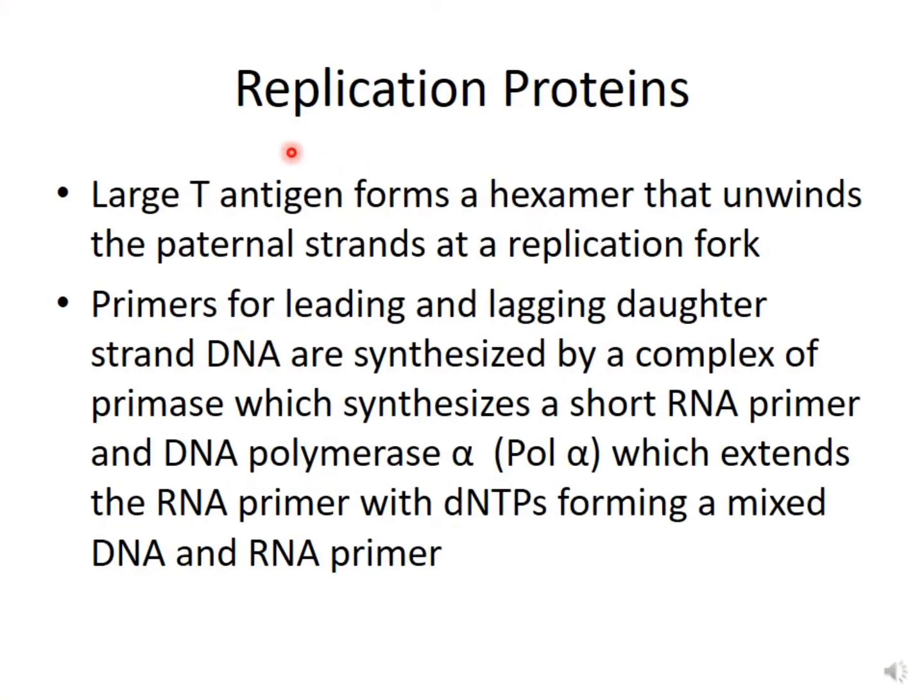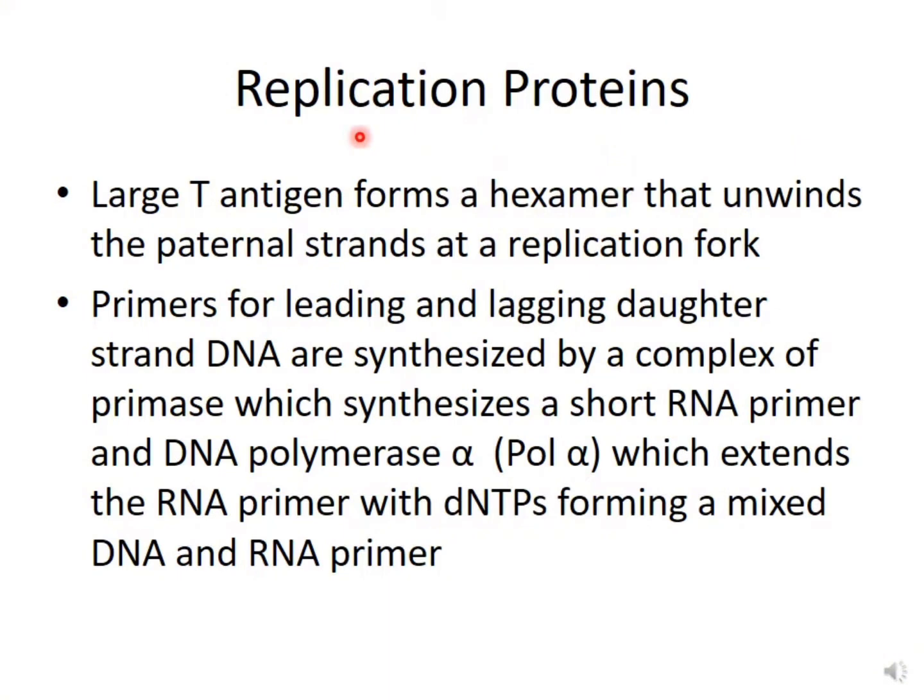There are multiple replication proteins that are involved in the DNA replication process. The first one is the large T antigen, which is a hexamer. Hexamer is a word that means, if you divide it, hex means 6 in Greek, so it has 6 units.